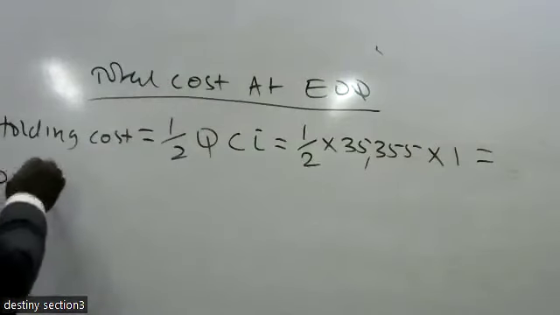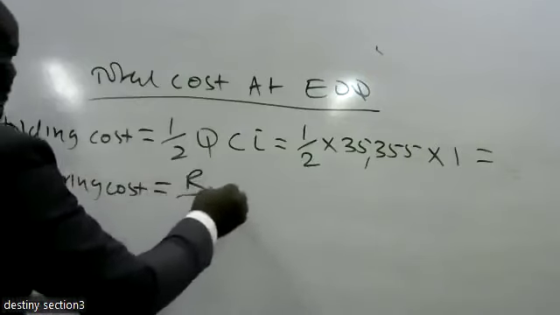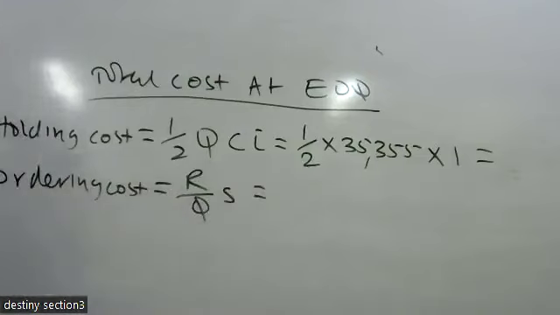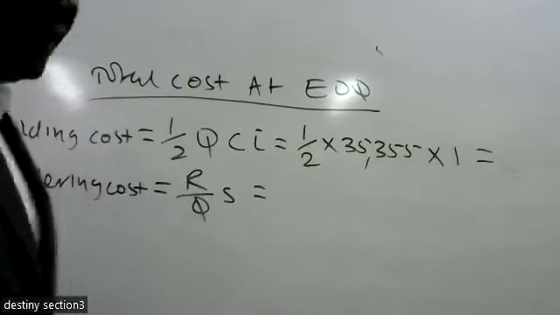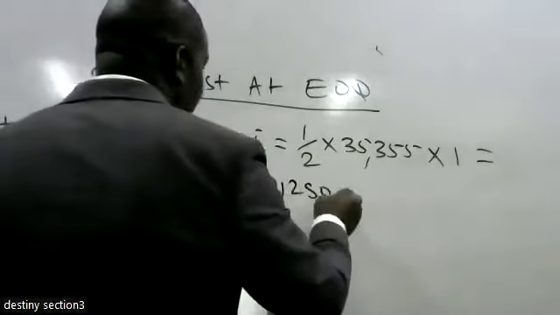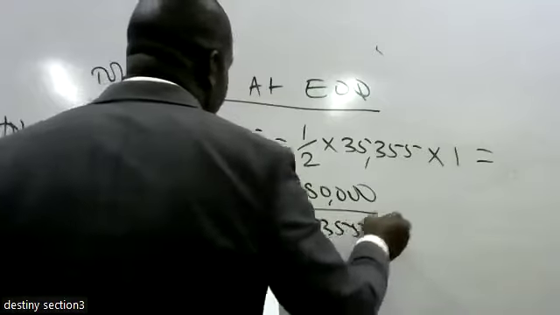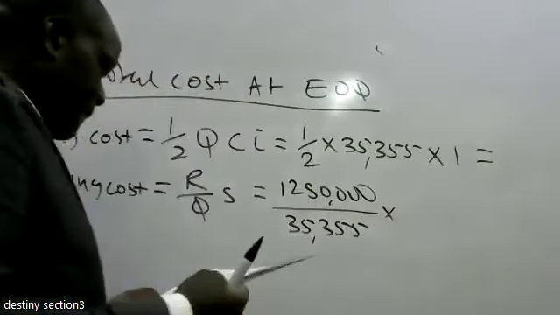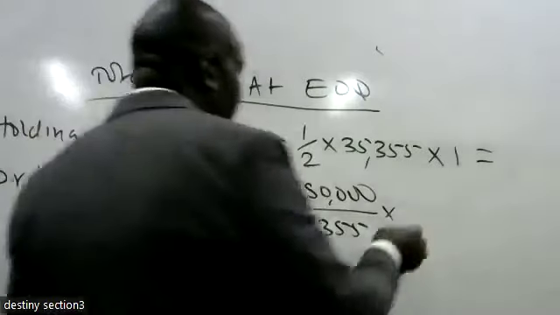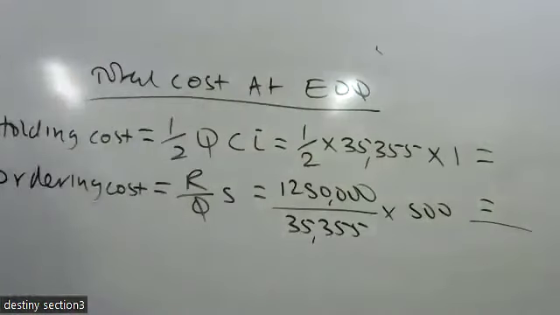Then ordering cost is R over Q multiplied by S. So R is 1,250,000, Q is 35,355, then S is 500. So confirm whether these two figures are the same. At economic order quantity, holding cost and ordering cost will be the same.